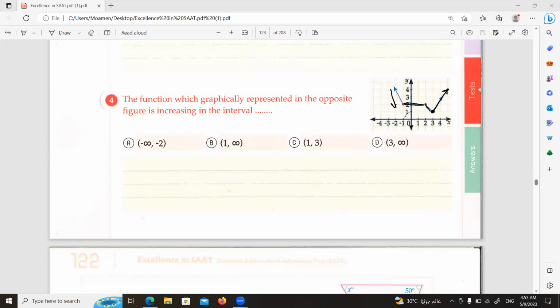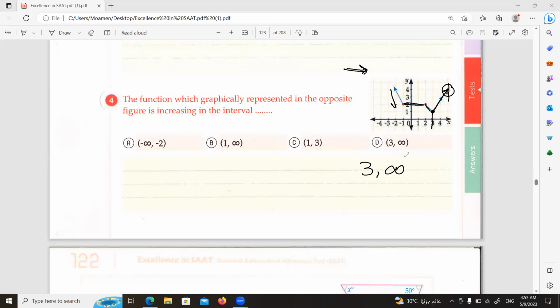If we have a drawing like this, we go from left to right, showing the increasing and decreasing parts of the function. This is the increasing part, starting from x equals 3, and there is no end because we have an arrow. So our starting point is 3, and there is no end.